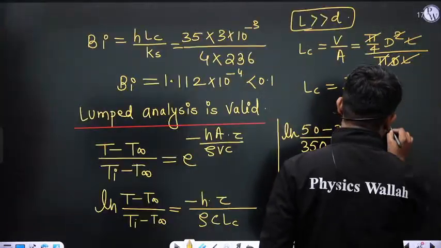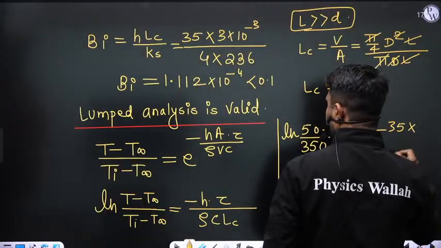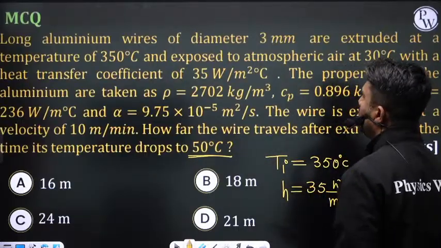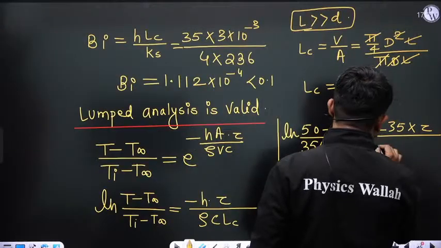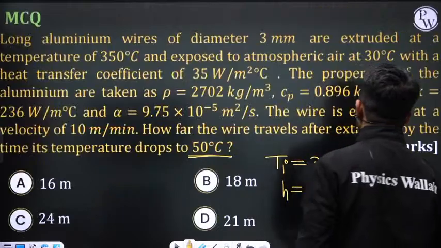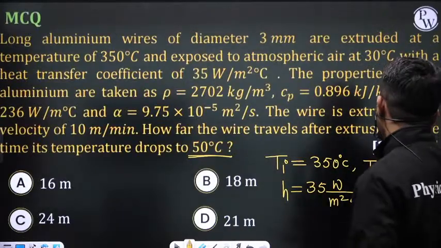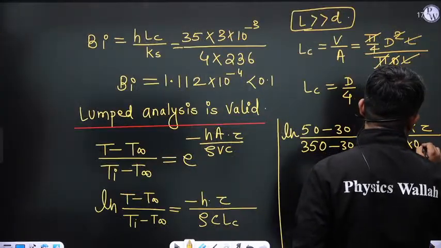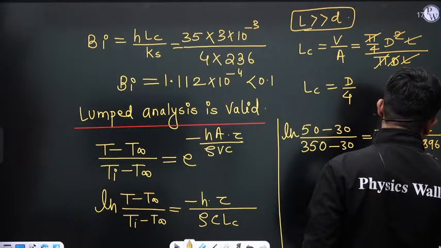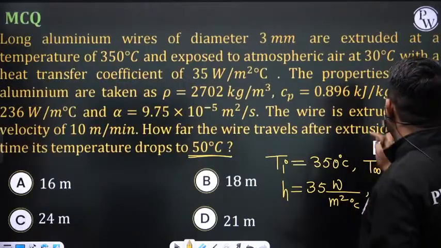35 into tau divided by the value of rho. Rho is 2702, 2702 into specific heat 0.896, so 0.896 into 1000, convert the kilojoule into joule.